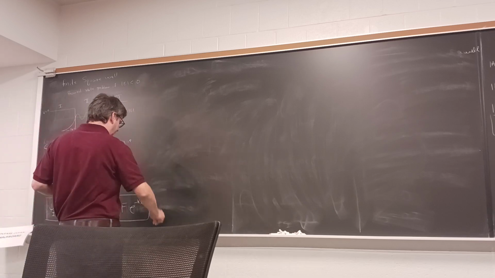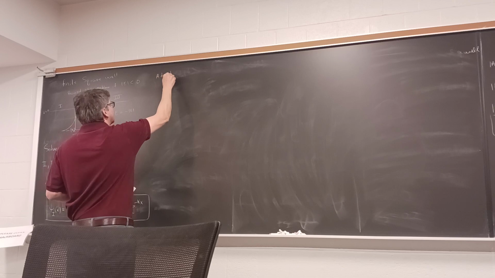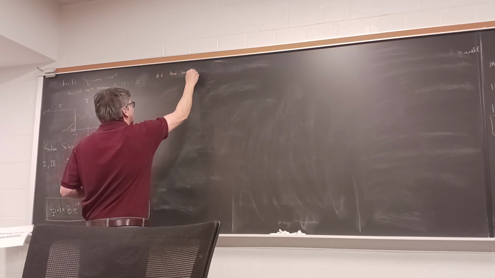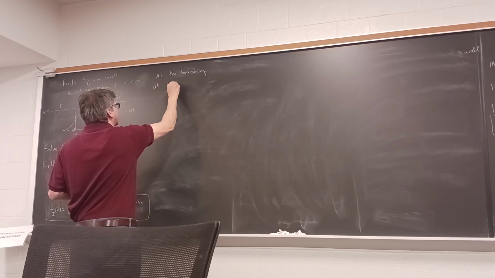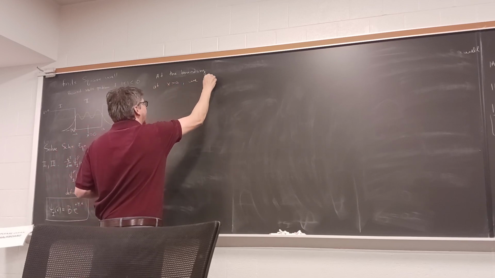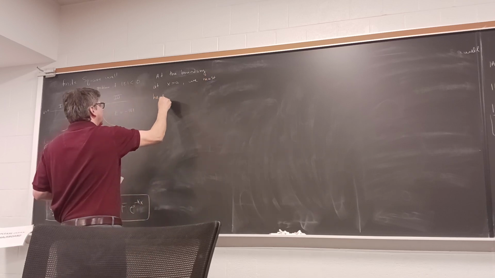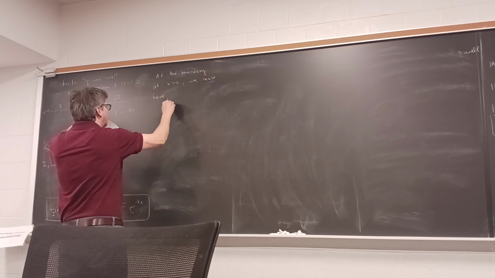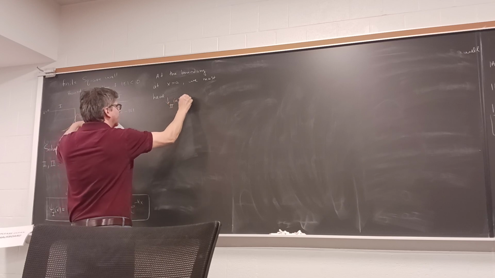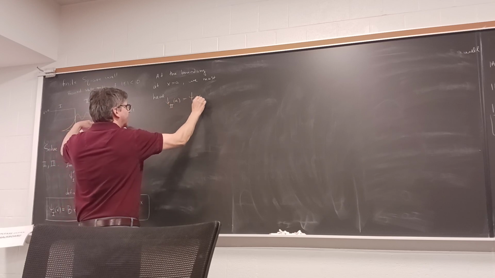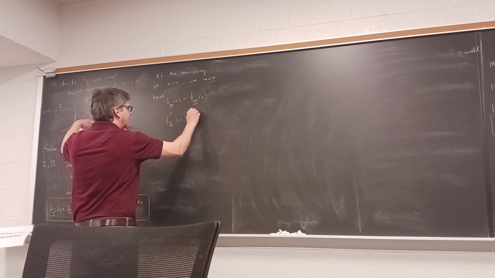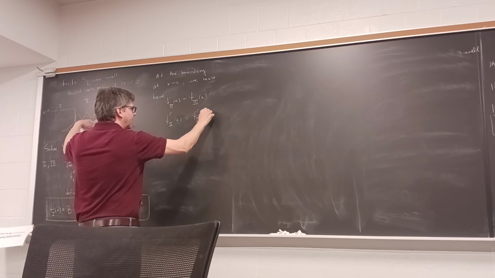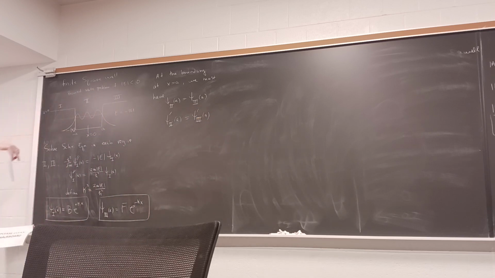And so at the boundary, at x equal a, we must have psi 2 at a equals psi 3 at a, and psi 2 prime at a equals psi 3 prime at a. And there's also a set on the left-hand side as well that you have to satisfy.